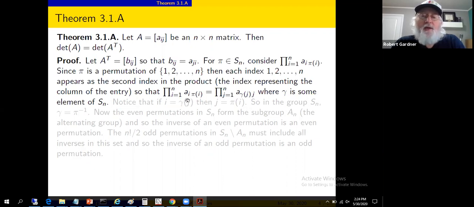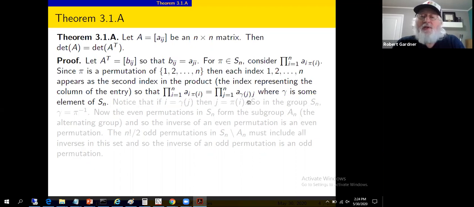So whatever index you get here in the first position, when you get a 1 in the second position, call that gamma of 1. Whenever you get a 2 out here, let's put that over here with j equals 2, and whatever came associated with a 2 in the second entry, call that gamma of 2, and so forth. So do that for all of these entries.